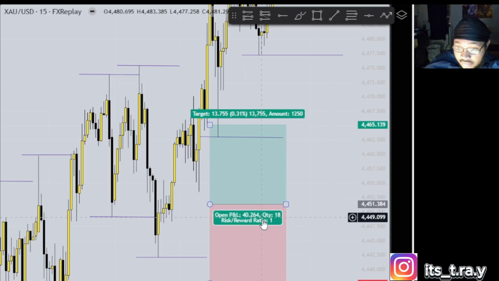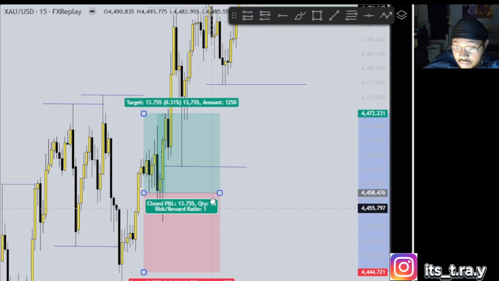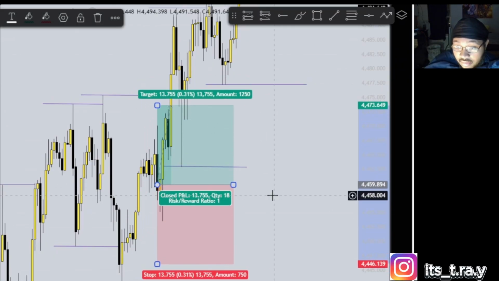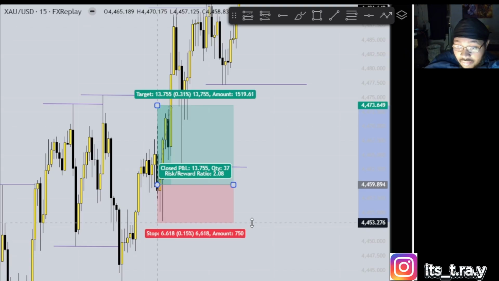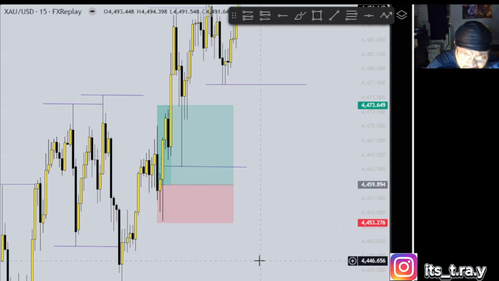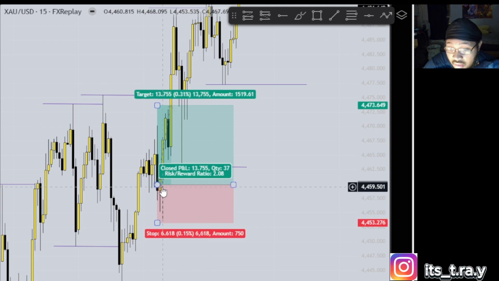Like I just told y'all, I entered somewhere around here at the line. I put my stop loss right here at the bottom, and I entered when the candle body was here. It went all the way up to here, and I had my stop below here at this line.